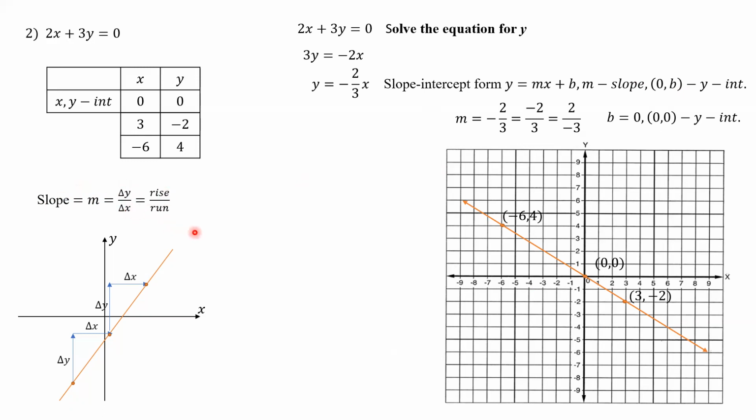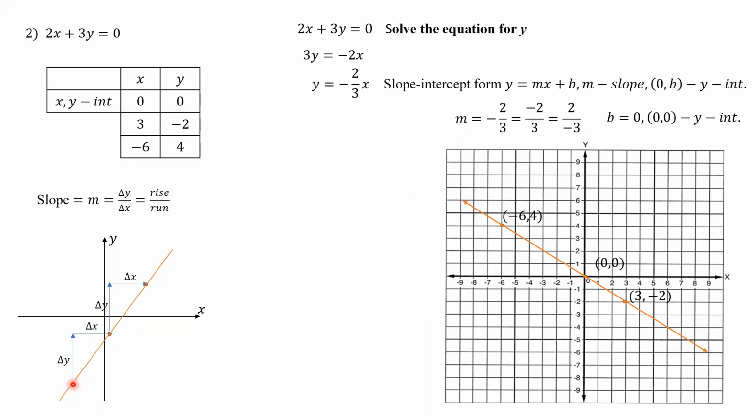So how can I use slope for graphing? Let's say I'm given a graph of a line, and I know what the slope of that line is. Now, on that line, I can choose any point. It could be the y-intercept, it could be the x-intercept, or it could be any point without any kind of preference.